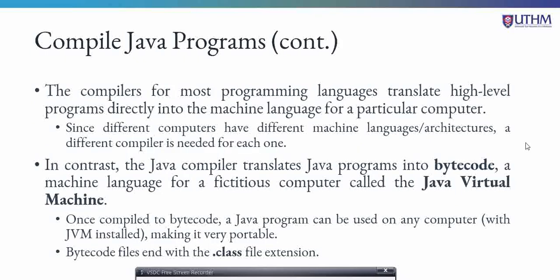So the compilers for most programming languages translate high-level programs directly into the machine language for a particular computer. So what is a high-level program or high-level language?